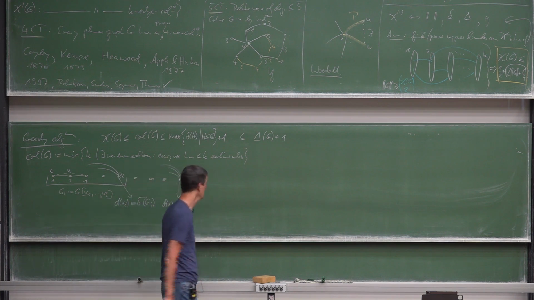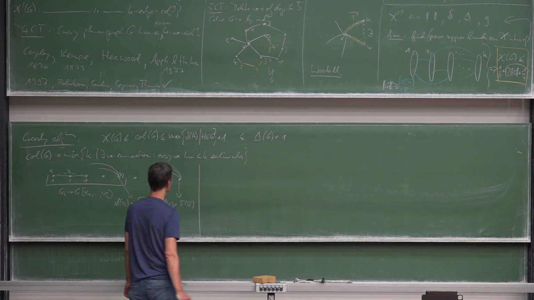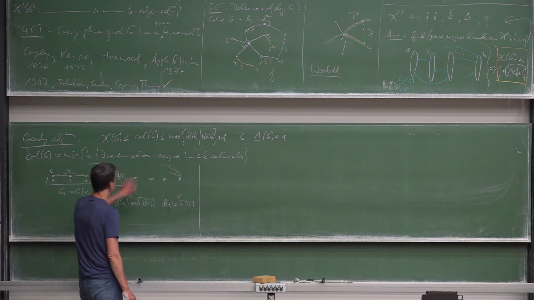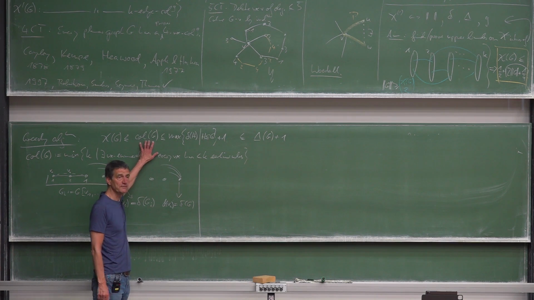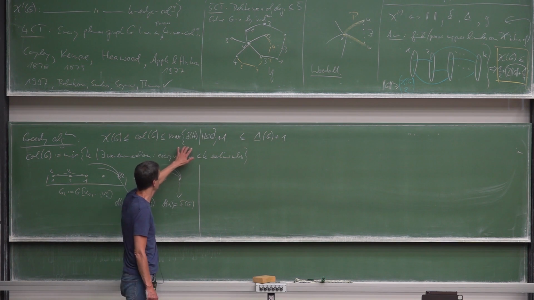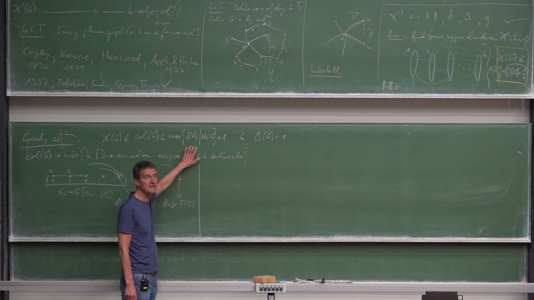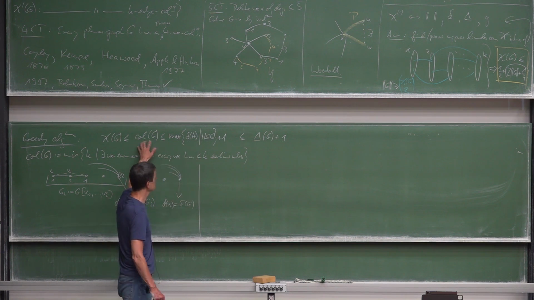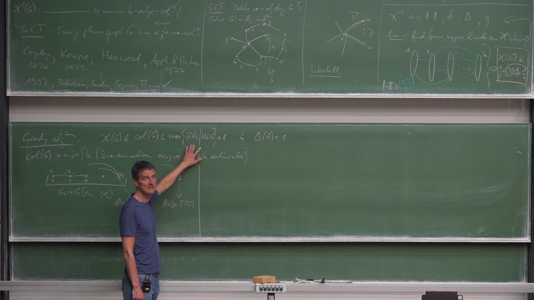Okay, and now a simple but important observation is that the coloring number of G is certainly no smaller than the coloring number of any of those H's. If you take a subgraph, it doesn't need more colors. And also, you can do the same induced ordering on the subgraph. So this is at least the coloring number of every H in there.